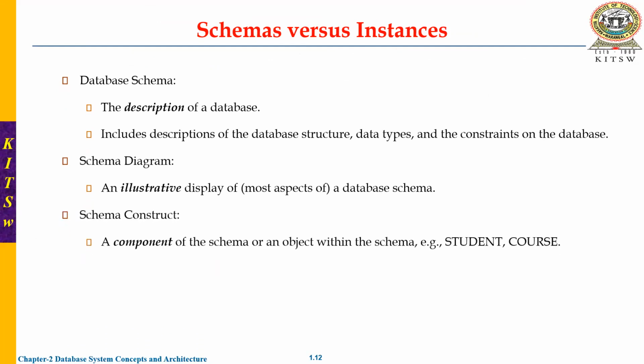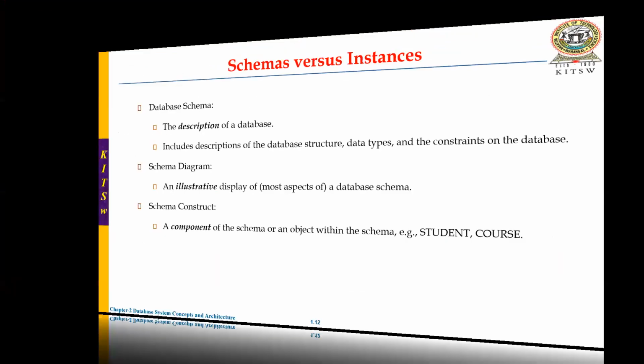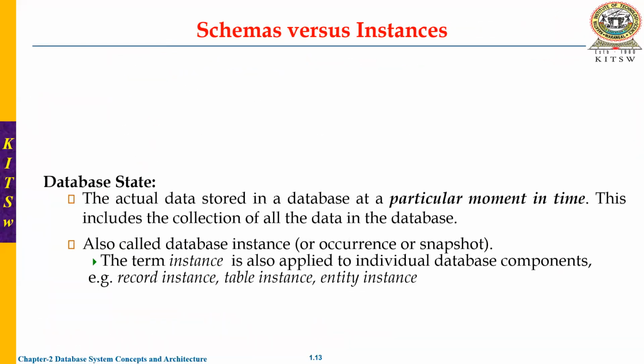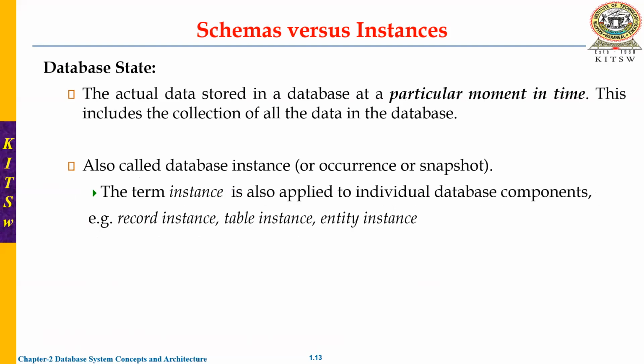Schema constructs are the components of a schema and the objects within the schema, for example student, course, and so on. The database state is the actual data stored in the database at a particular moment in time. This includes the collection of all the data in the database, and it is also called a database instance.